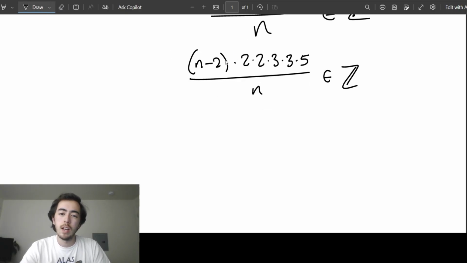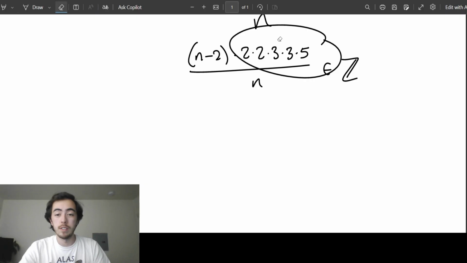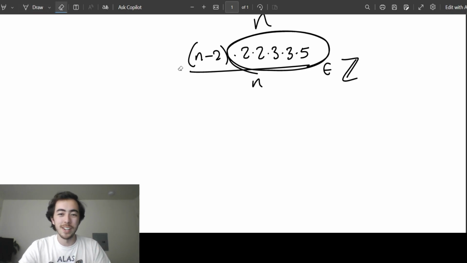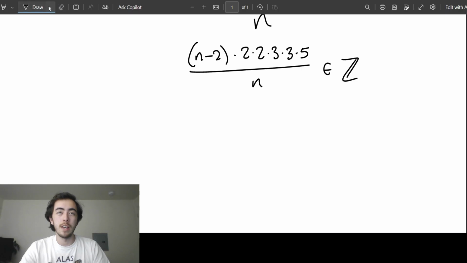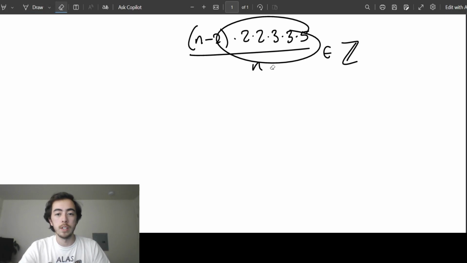And I want to ignore the n minus 2 for just a bit, because essentially we're just trying to find the number of factors of 180. Because if I put any number that divides 180, well, this number right here is the number 180. And I know how to create factors out of numbers, knowing their prime factorization here.